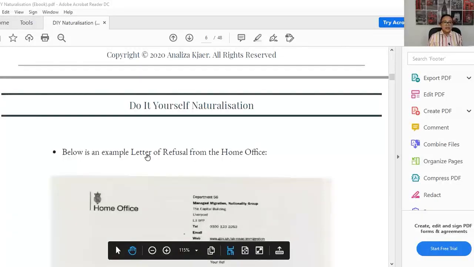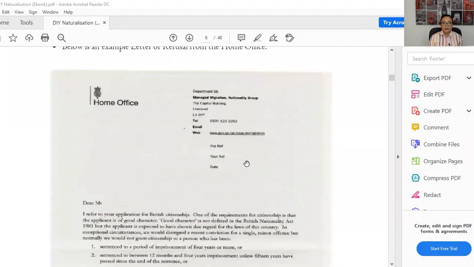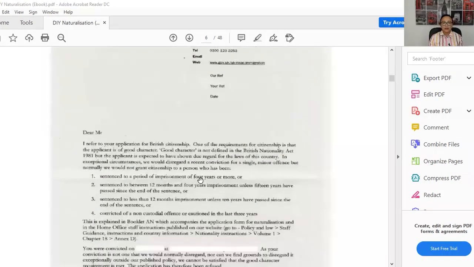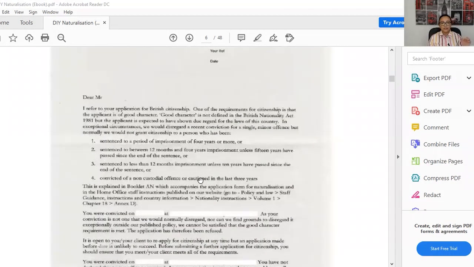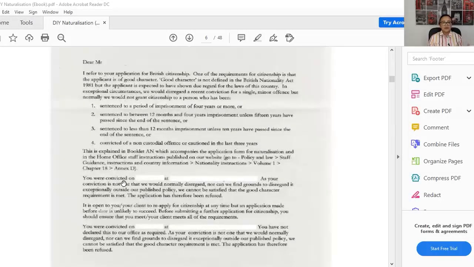Now, I'm giving you an actual example of a refusal letter. It's the one I mentioned to you about, the man who applied for British citizenship and got refused because he was convicted and did not disclose it. Well, he couldn't have disclosed it to them because they already had the application. He had already submitted it, and it's only months after that he had domestic violence incidents.